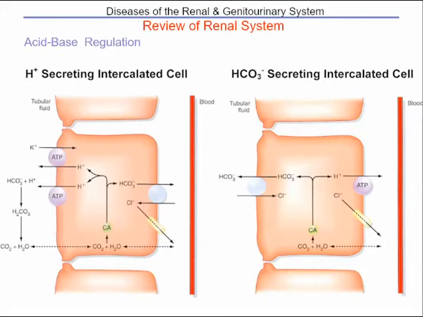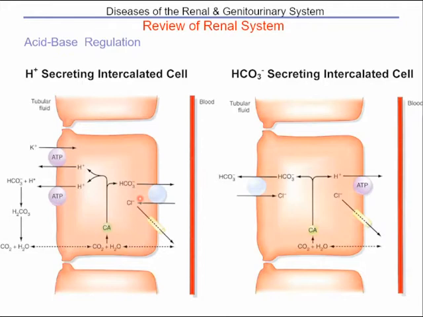So your acid-secreting intercalated cells have vacuolar hydrogen ATPase, and you also have your hydrogen potassium ATPase. And both of them are localized along your apical membrane. And your bicarbonate exits the cell across the basolateral membrane in exchange for your chloride, this one here.